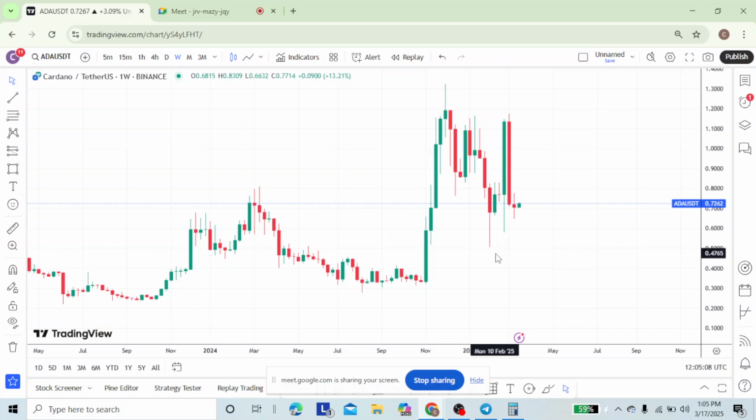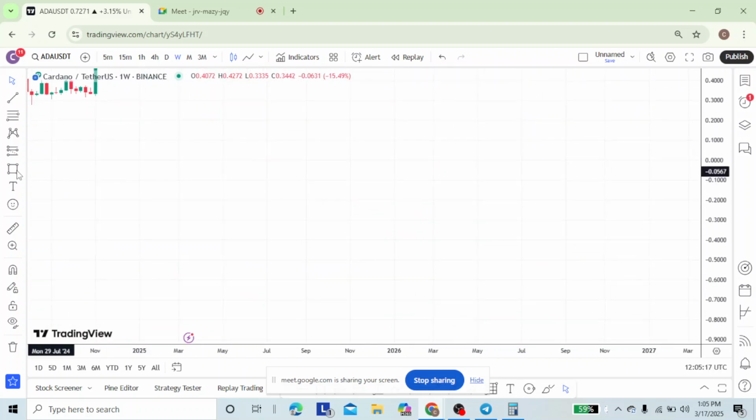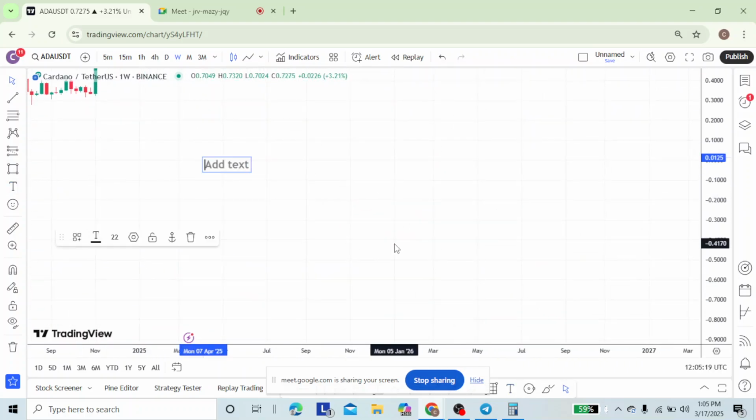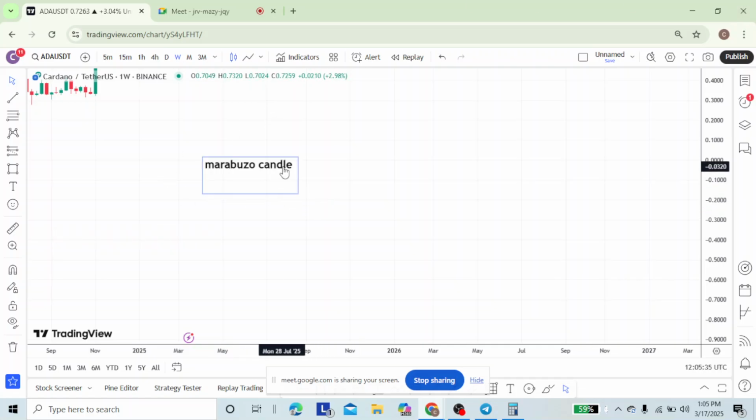So now we want to look at the single pattern candlestick. We are going to start with a candlestick called the Marabozo candle. I want you as well to be taking notes, have your jotter with you, have a colored pen. Whatsoever I'm doing, I want you to be replicating the same thing in your notebook.